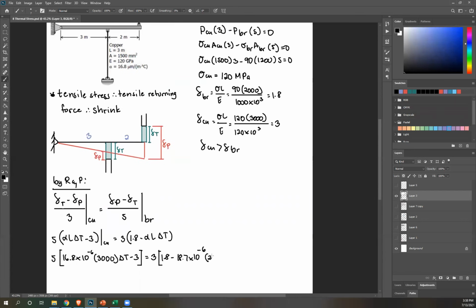Length is 2 meters, so 2000 millimeters, change in T. Okay, and then from this, you can solve what's change in T.